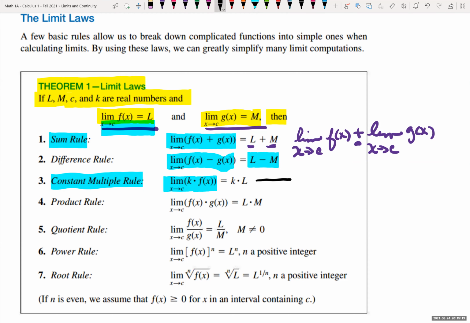This is the same thing as pulling our coefficient out front and then taking the limit as x approaches c of f of x. And if we did that, we would have that coefficient in front, which is k, times the limit as x approaches c of f of x, which we saw was capital L.